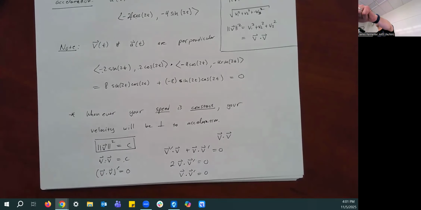But that's only true if your speed is constant. If your speed is not constant, which is most of the time for these vector functions, you don't necessarily get that the acceleration is perpendicular to the velocity.